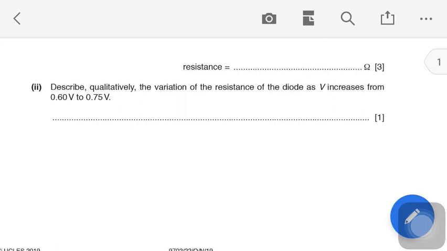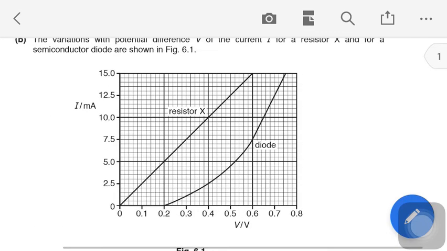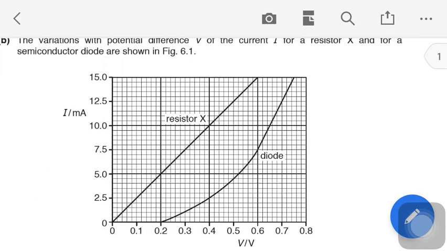Describe qualitatively the variation of the resistance of the diode as V increases from 0.6 to 0.75. So 0.6 to 0.75. We learned that the gradient of an IV graph is the inverse of resistance.